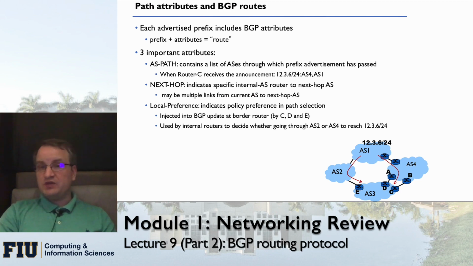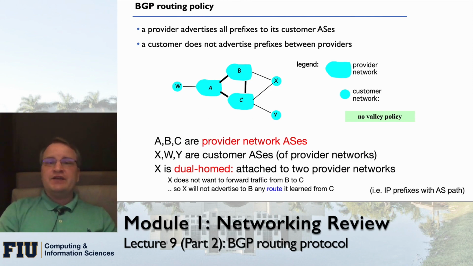Not 100% reliable because it's still AS4's decision how to forward, but at least it can influence. There are other parameters that can be advertised, a little more complex, some experimental. There are things called community, and if someone knows more about these properties, I would be happy to hear more from you. I already highlighted the policy, and just want to add an additional element about the mechanics of how things operate.